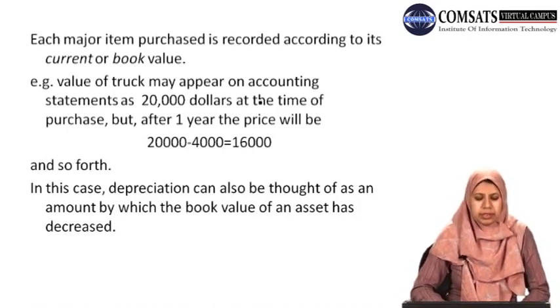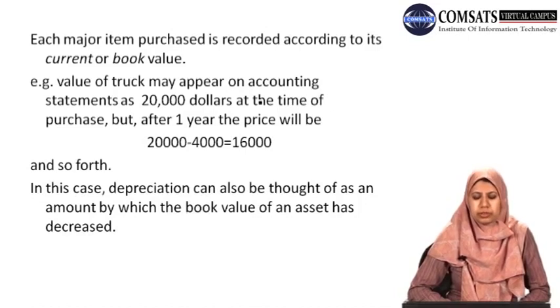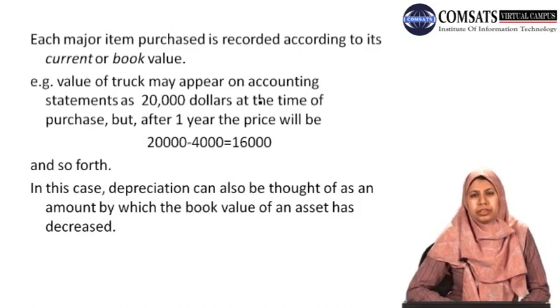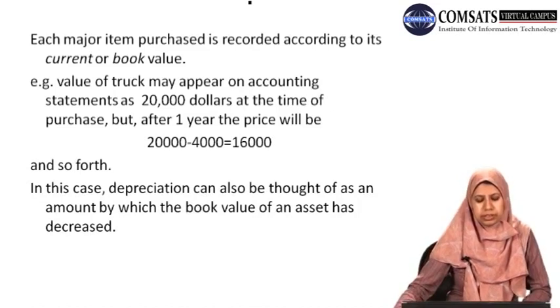In this case, depreciation can also be thought of as an amount by which the book value of an asset has decreased. So the book value in this case was $20,000 and after 1 year the book value was decreased to $16,000. Similarly, after 2 years the book value will decrease to $12,000 and so on, continuing up to 5 years. So this decrease in the value of an asset is mainly called as depreciation.